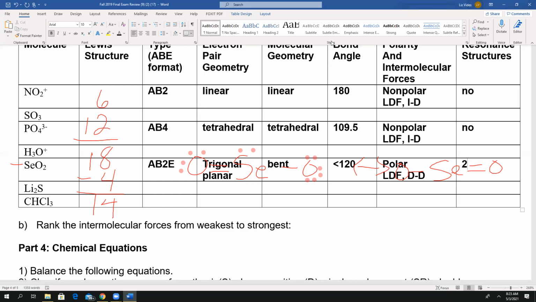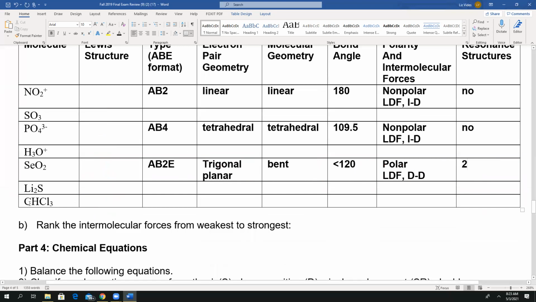That's that one. Now the last one is CHCl3. Okay, let's do the math again. We have 4 from carbon, 1 from hydrogen, and 21, because it's 7 each, right, from chlorine. Adding them all up, you get 26.